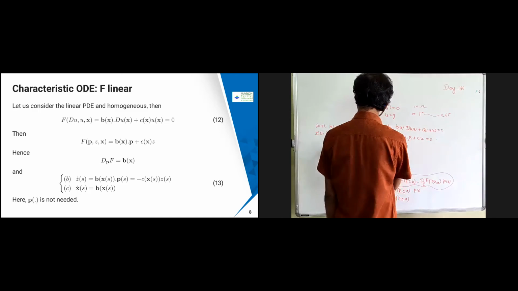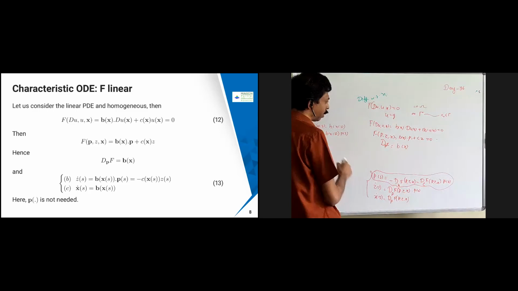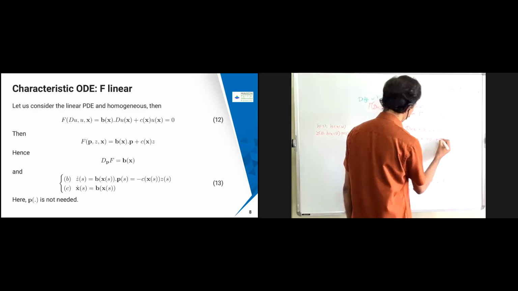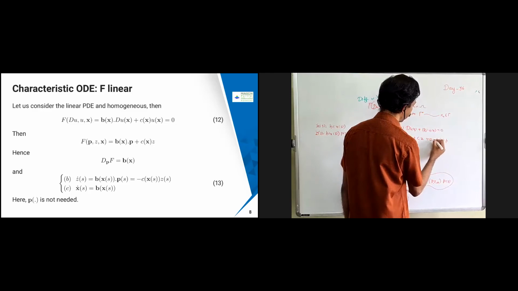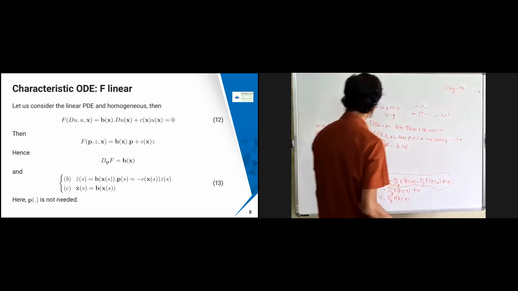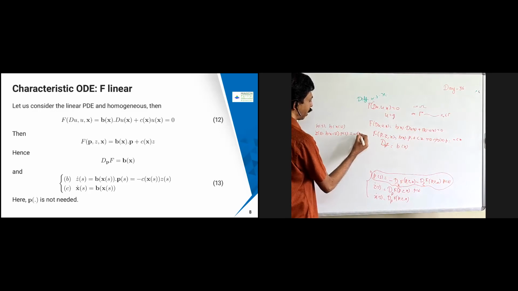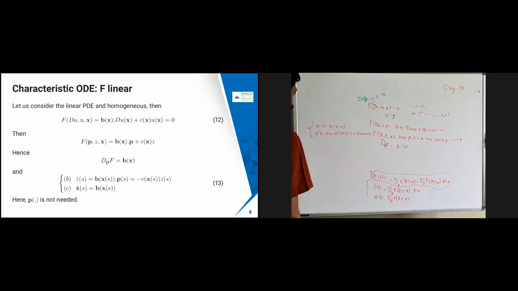If I use this value, P of x of s into P of s is the same as minus C of x of s into z of s. This is going to be my characteristic ODE for linear PDE. For linear PDE, this is going to be my form.